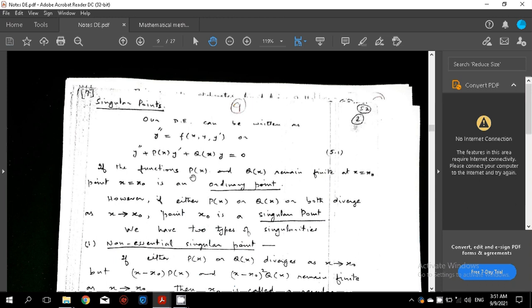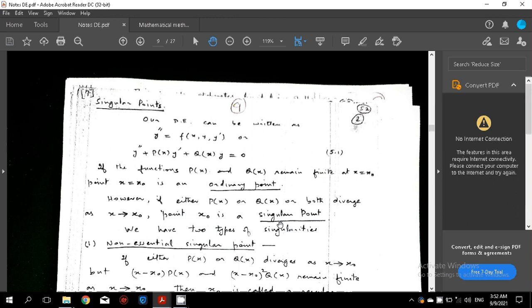So if capital P and capital Q are finite, they are not infinite, then this point x equal to x naught will be called the ordinary point of the differential equation. However, if either capital P or capital Q or both diverge as x tends to x naught, then the point x naught is called a singular point. So this is the definition of the singular point of a differential equation.